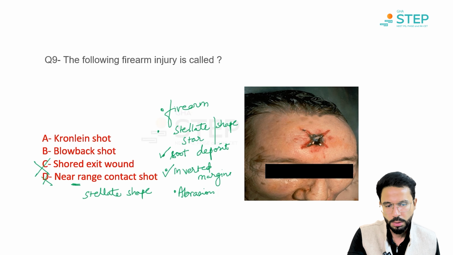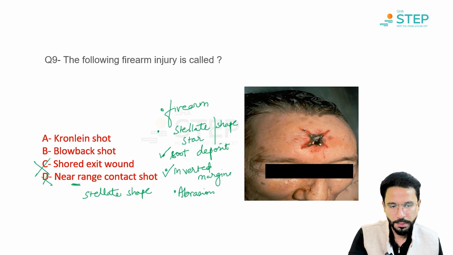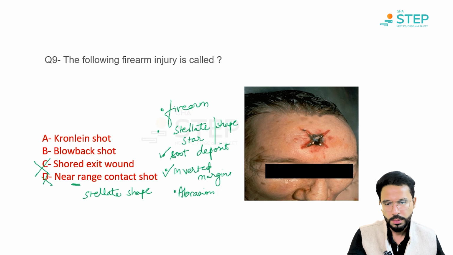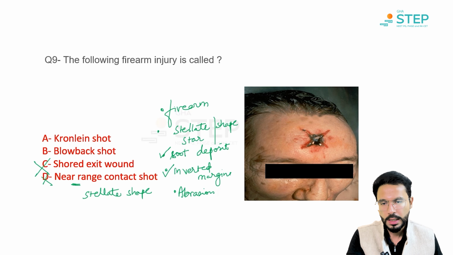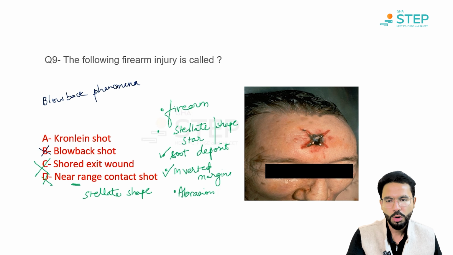Now, should we include blowback shot or Kronlein shot? So the terms when they are given to you like this, this is not a perfect Kronlein shot, but also not a blowback shot. The term correct here is a blowback phenomenon, and no term exists like a blowback shot.